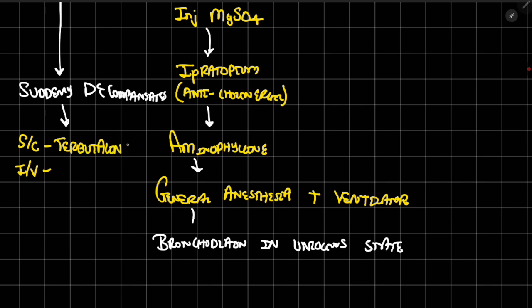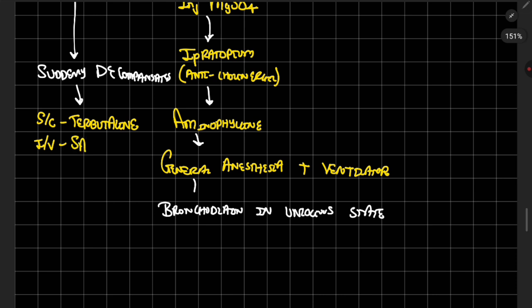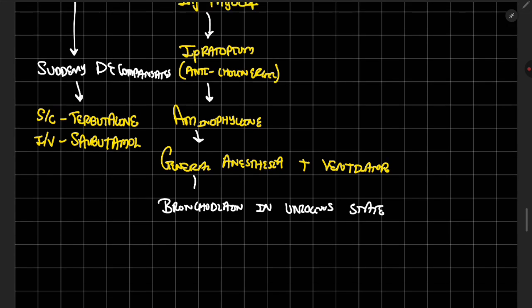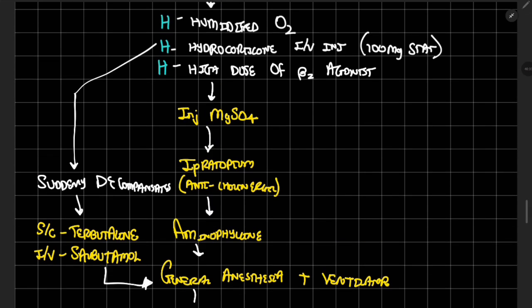Terbutaline injection is subcutaneous. And what was the IV injection? Salbutamol. And in his decompensated stage, if we give this injection and it still worsens, we give him general anesthesia and ventilator.